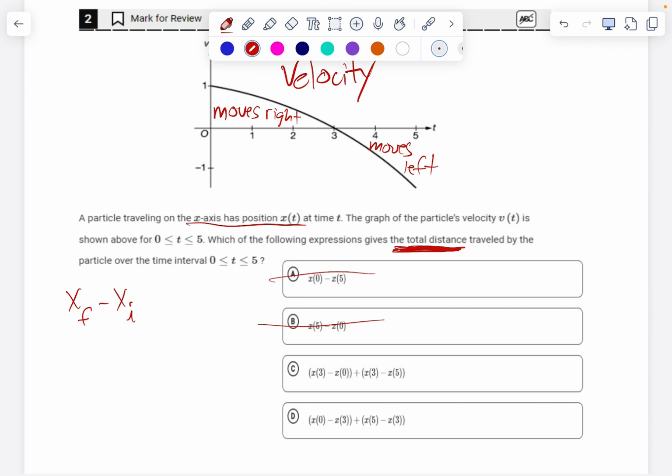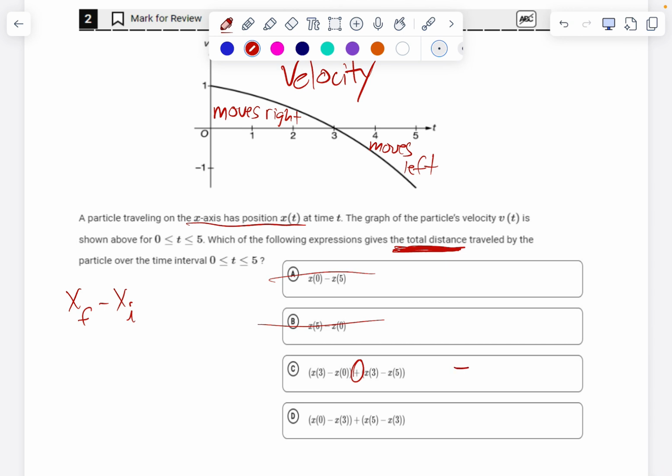Plus x of 3 minus x of 5. That's this one. But why does it say plus? Add the negative. Yeah, it's doing the minus negative thing, right? Technically, note that the order of the two numbers is the wrong way, right? But that's why we changed the sign.